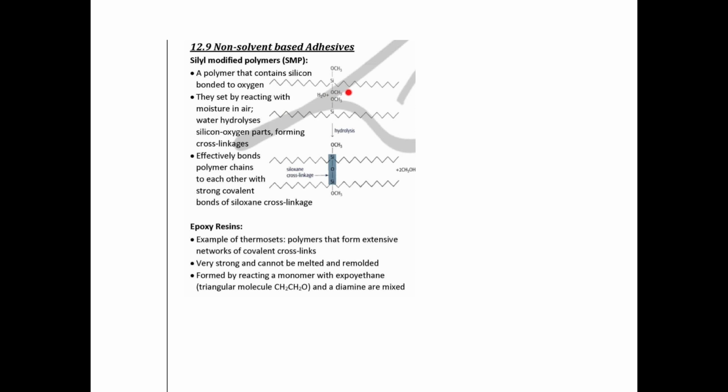So the original structures is OCH3 and OCH3. Because of the H2O, the H2O will go through hydrolysis. That means the water will break down. So when it breaks down, then they will form SiO. SiO will make the adhesive set. And the extra carbons will form methanol.